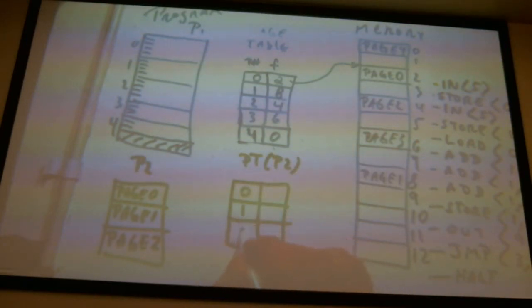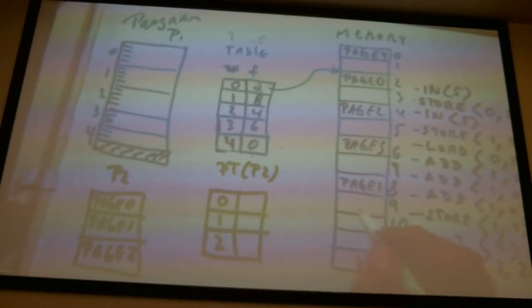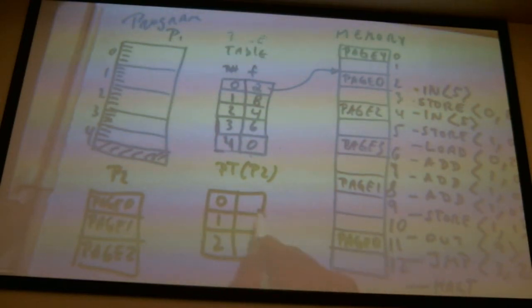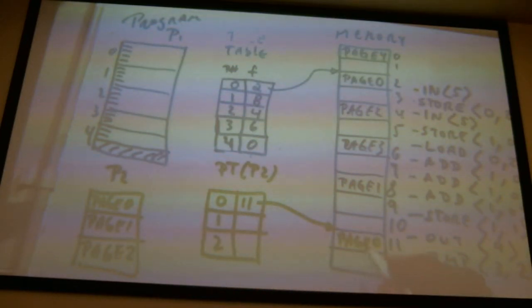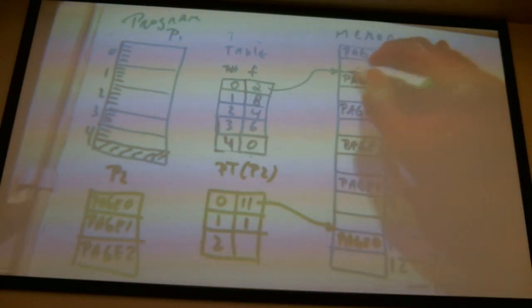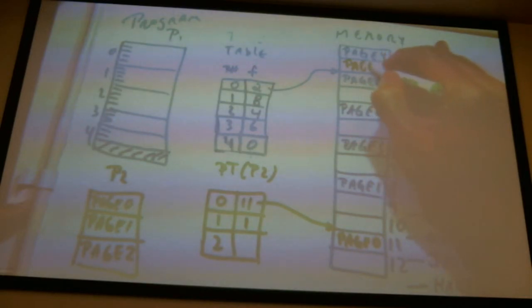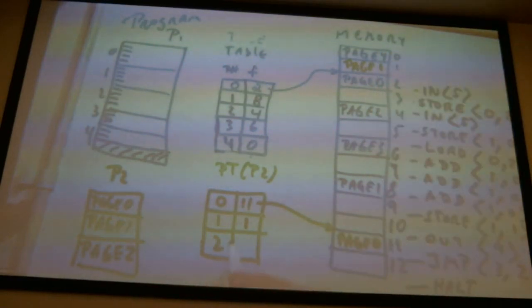Page 0, 1, and 2. And then we can say that page 0 for this program is in location 11. So it means that we're pointing to the beginning here. Then we can say that the other one is in 1, so we have here page 1. And then we have 2 and 7.